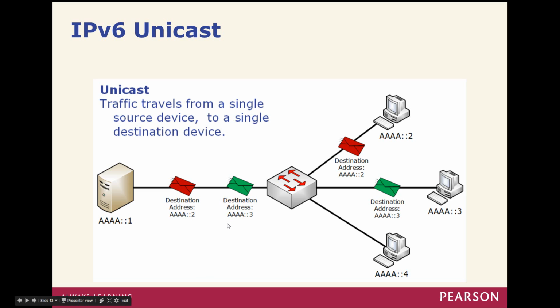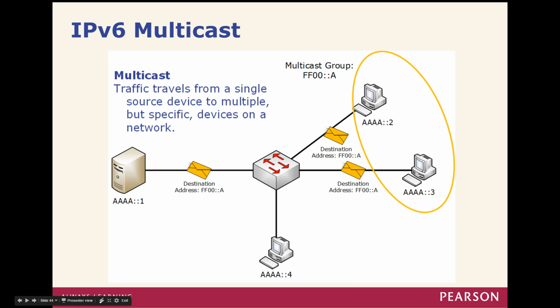But a single source, a single destination, the addresses just look a little bit different. With an IPv6 multicast, traffic goes from one single source to multiple but specific devices on a network, just like multicast in IPv4. Of course the addresses are different, including what multicast looks like in IPv6, which is represented right here.